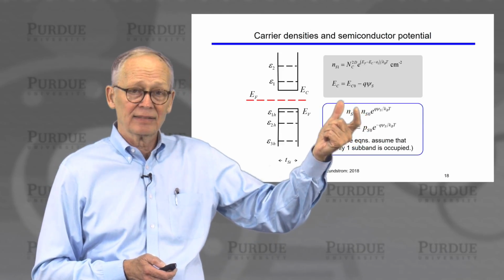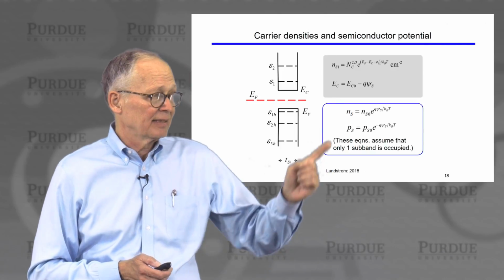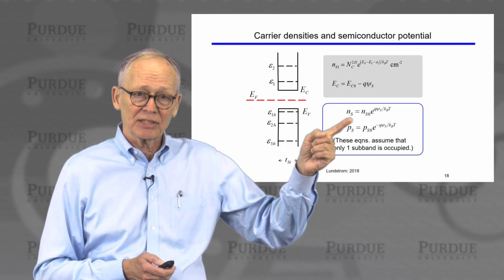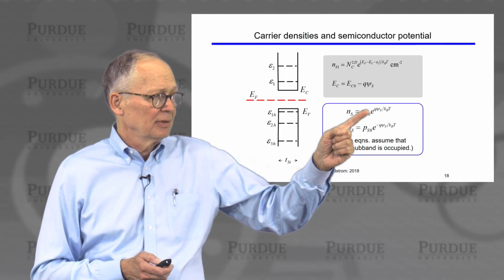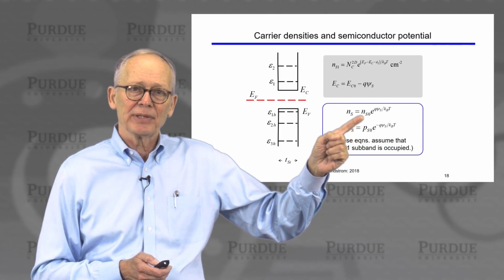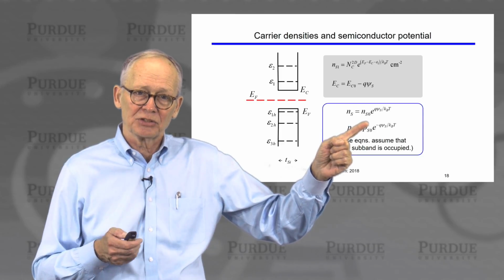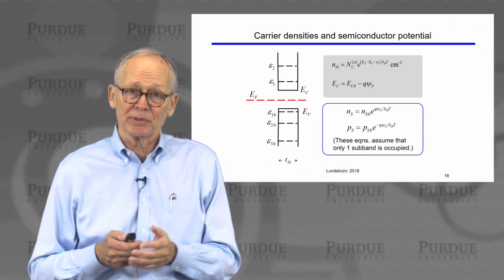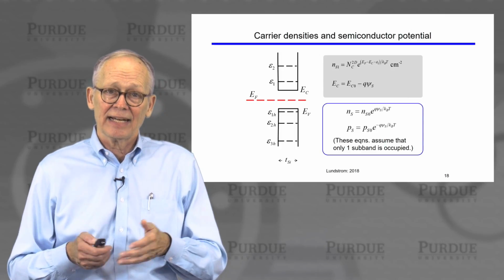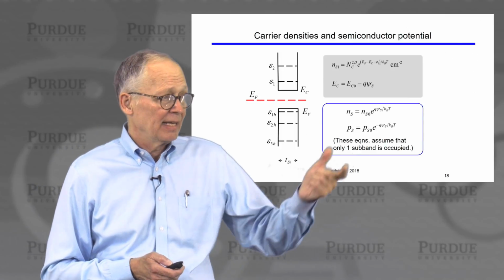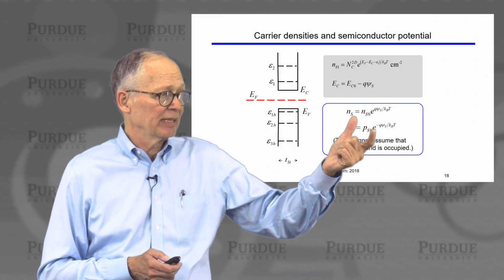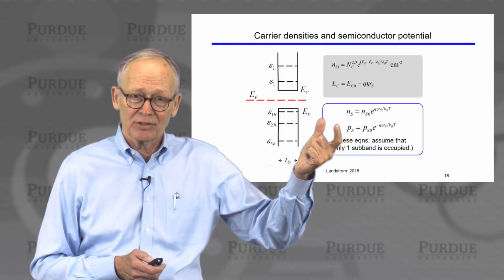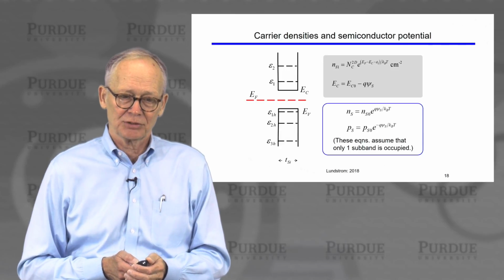So we're going to find, not unexpectedly, that the sheet density of electrons in this structure will grow exponentially from its value when the potential was 0. It will just increase exponentially as e to the q psi s over kT. And the hole concentration will just do the opposite. It will increase exponentially for negative surface potentials.